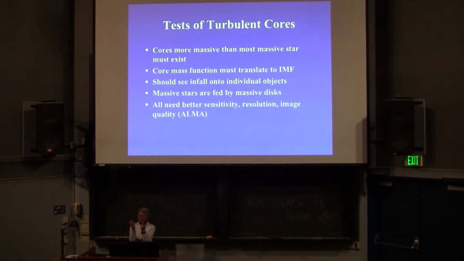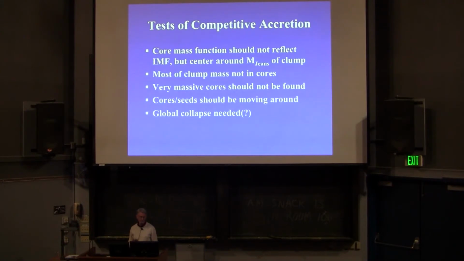So if we could resolve this flow, we should see that individual cores are falling inward to form stars. And massive stars are fed by massive disks, very parallel to the low mass situation that we can study up close. Now to test all of these things, we need better sensitivity, resolution and image quality. It's a very challenging problem, and that's why ALMA is the hope for doing this.